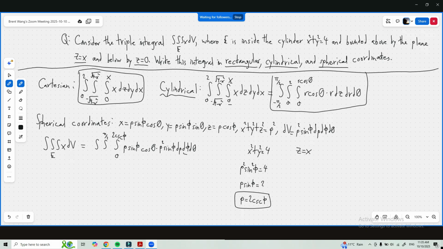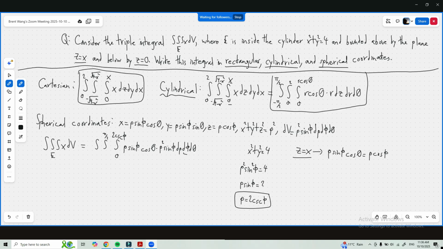That's like a 90-degree turn. So yes, pi over 2. Now for the lower bound, let's look at what z equals x is. In spherical coordinates, this translates to rho sine phi cos theta is equal to rho cos phi.